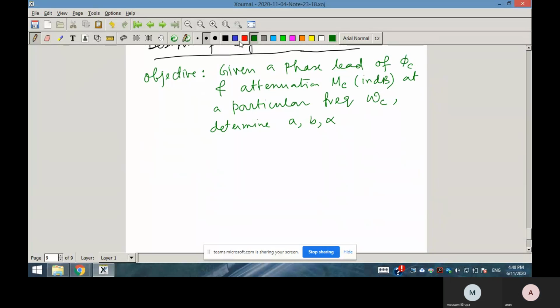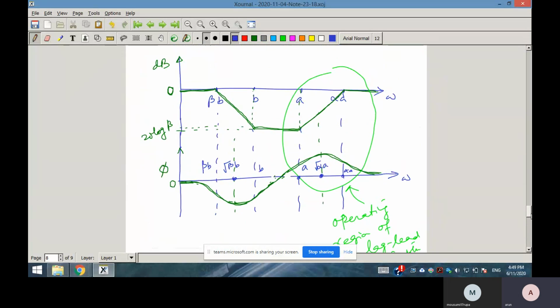Now the solution. What is the gain attenuation? If you see this figure, in this operating region, what is the gain attenuation provided by the lag part?